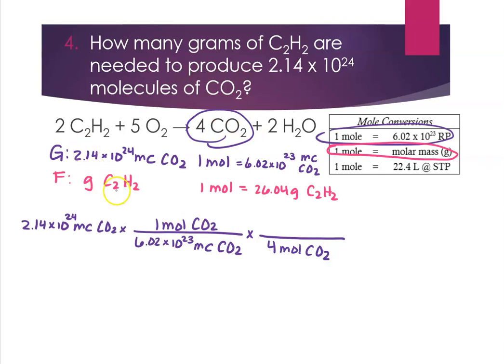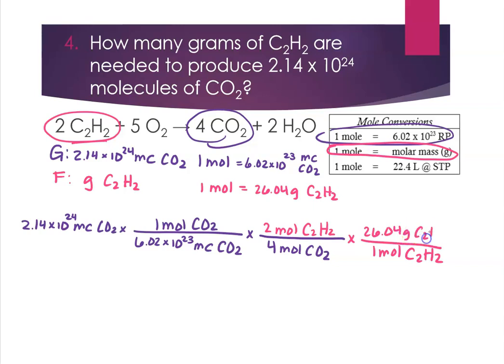I'm trying to find C2H2, it's a 2, so 2 moles C2H2 on top. And then lastly, I need to convert from moles to grams. So 1 mole on the bottom and 26.04 grams C2H2 on top.